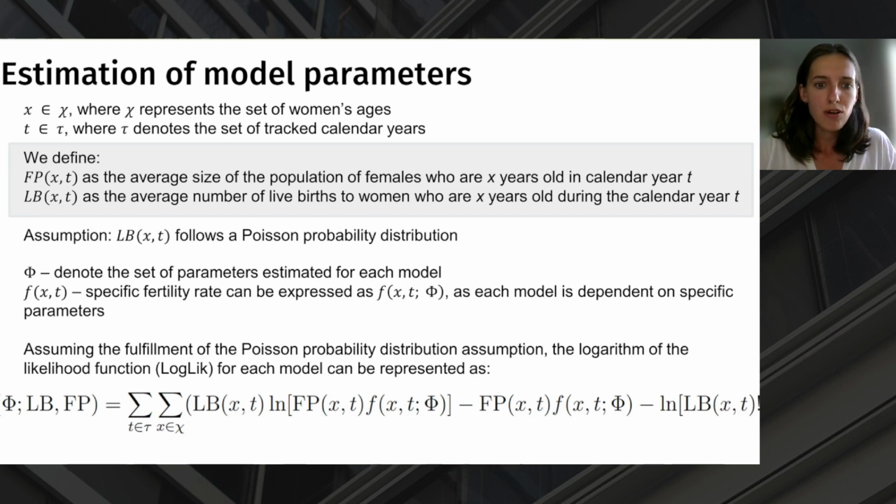Under the assumption of Poisson distribution, the logarithm of the likelihood function takes the following form.